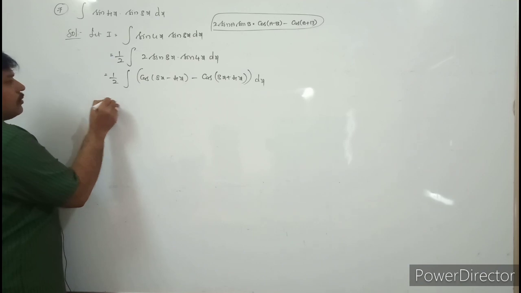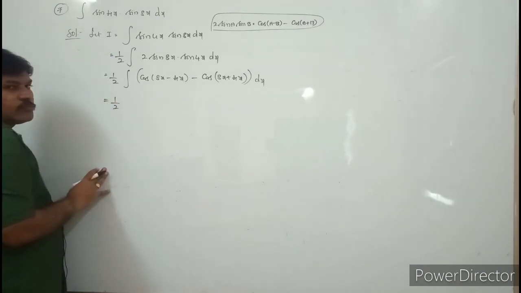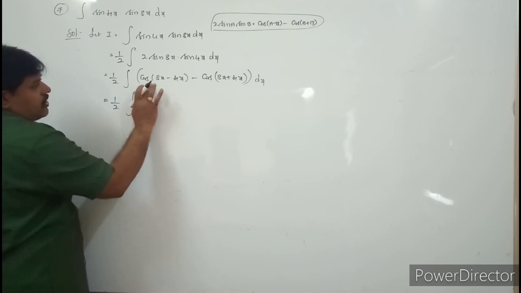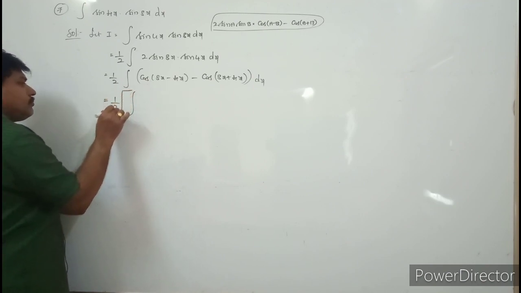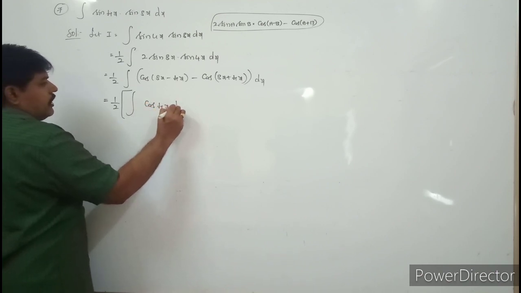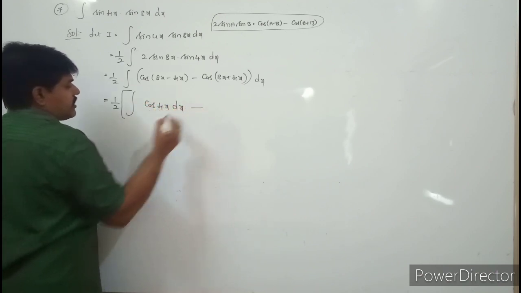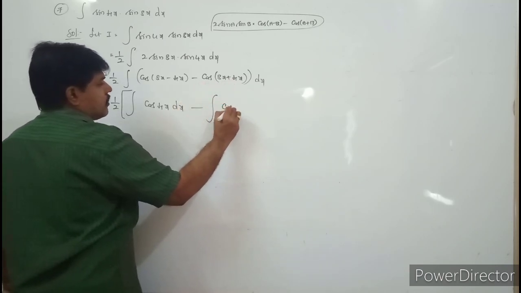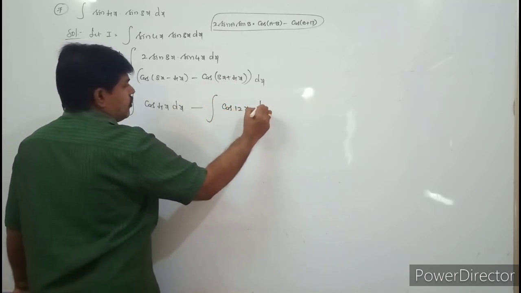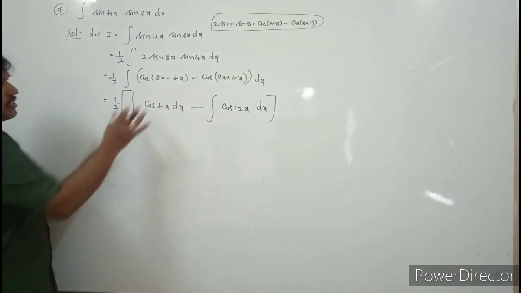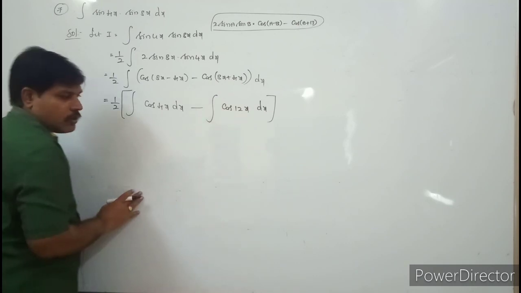So that is equal to 1 by 2 into the integral of cos 4x into dx minus the integral of cos 12x into dx. So apply the integration also. This is the cos 4x and this is the cos 12x.